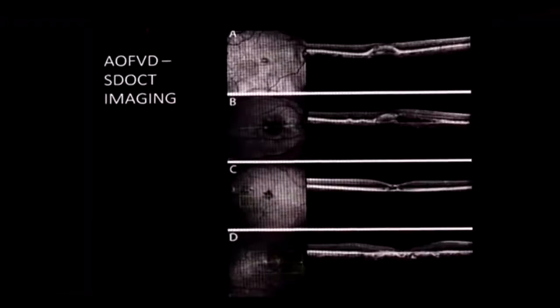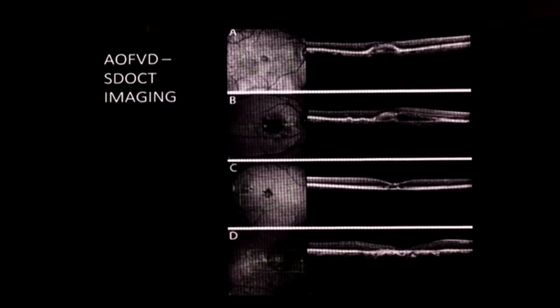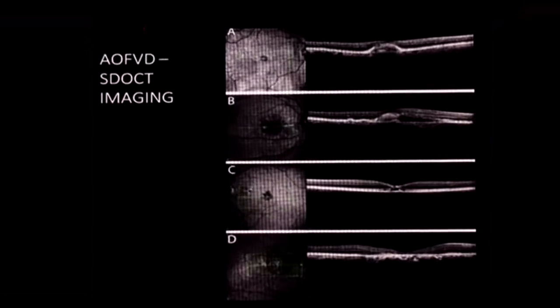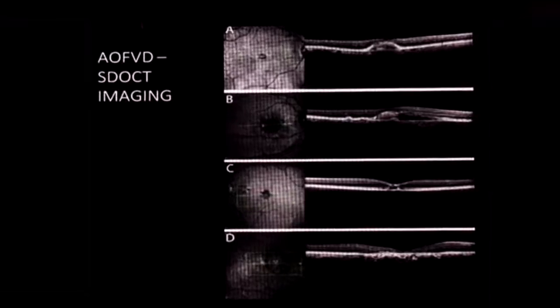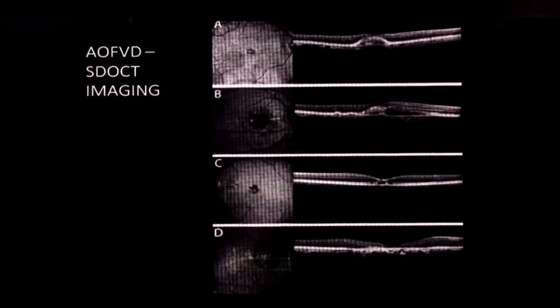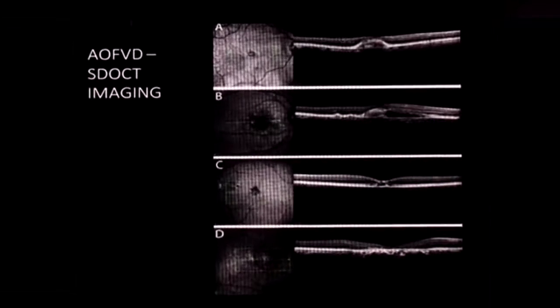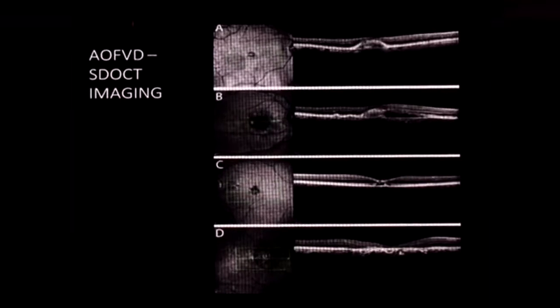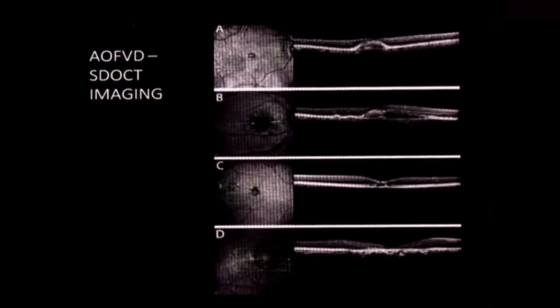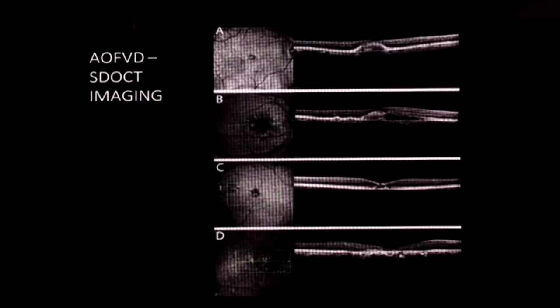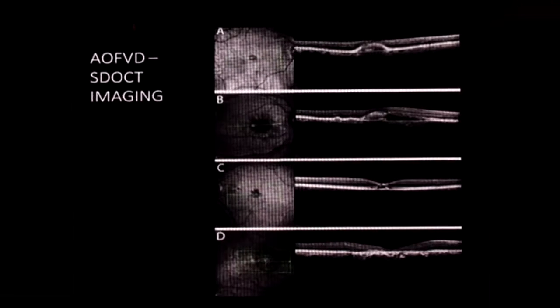Of course, the classical description is for SD-OCT, and the initial stage is that of a dome-shaped lesion. This dome-shaped lesion contains a uniform hyperreflective material which separates the RPE from the photoreceptor layers.